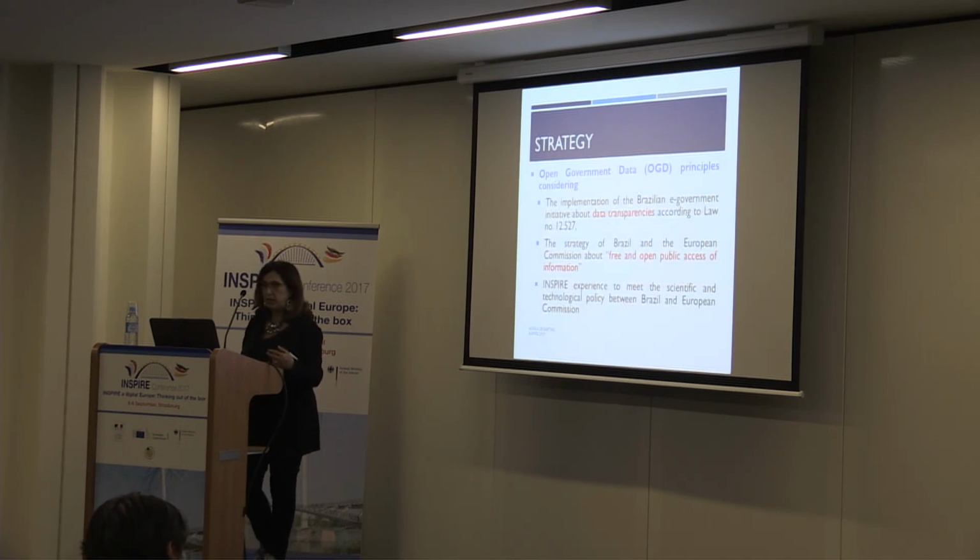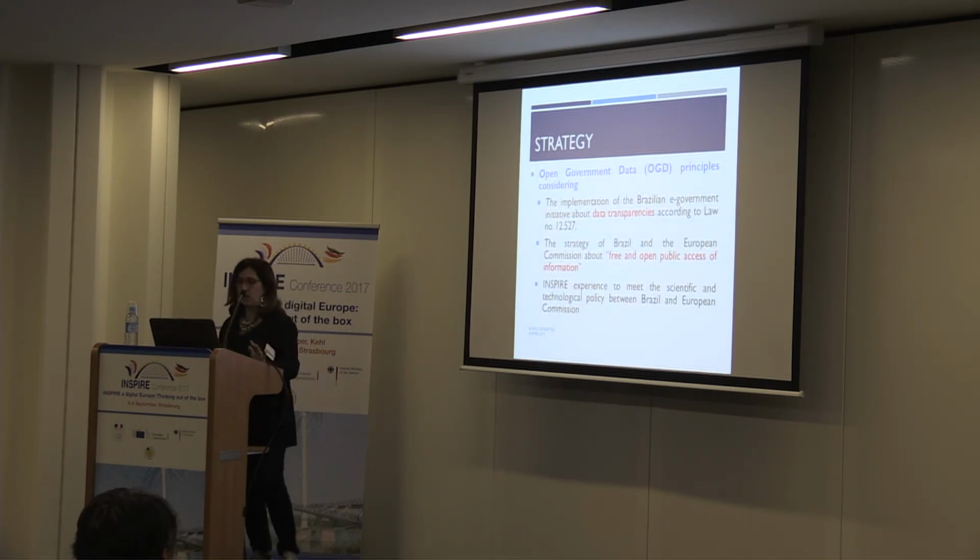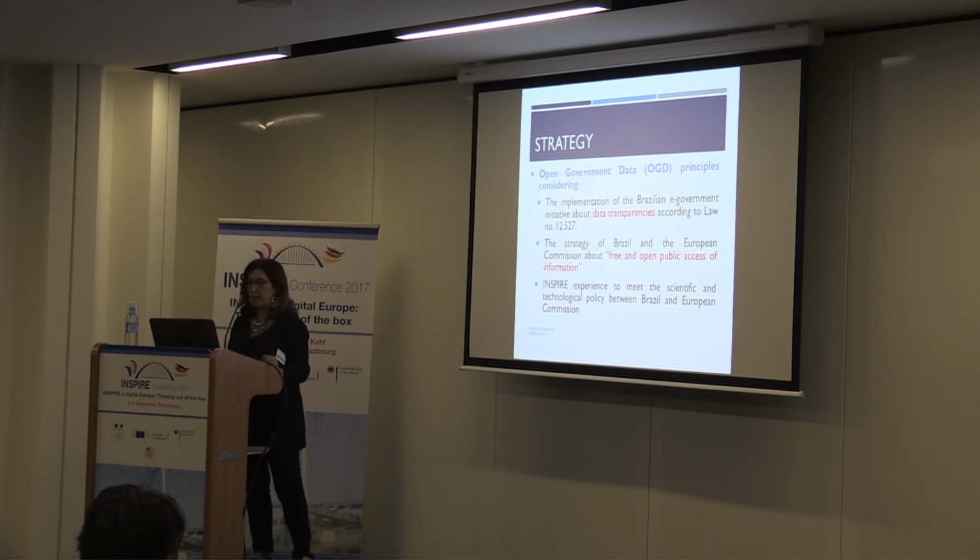The strategy that at the moment we apply is the open government data principle that should consider the implementation of a Brazilian law about data transparency. This is what the Brazilian government is pushing the institutions to do.